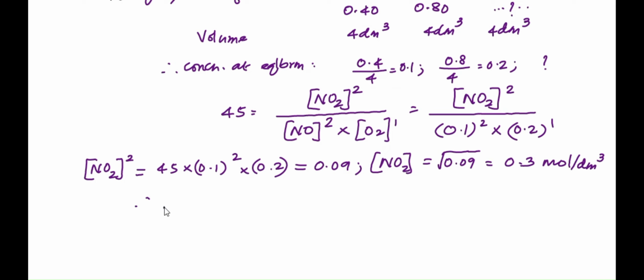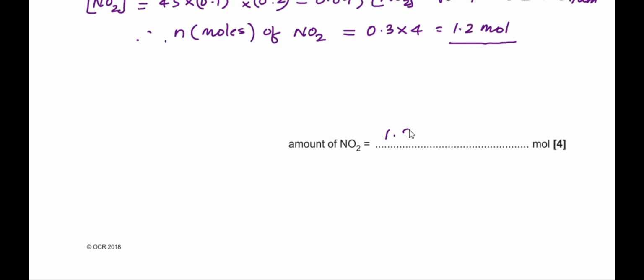Therefore, the number of moles of NO2 at equilibrium is equal to 0.3 times 4, which is 1.2 moles.